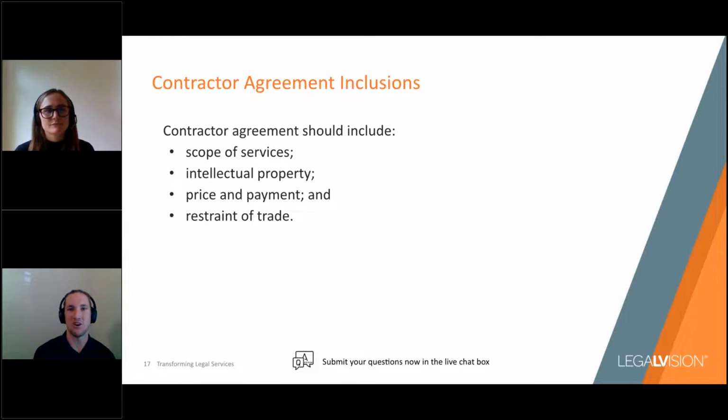If you're bringing on a contractor, it's sort of the flip. So you want to try to define that as broadly as possible, so that if you, for instance, missed things in the scope of services, then you can actually just require the contractor to carry out those additional or incidental services without having to pay them anymore.